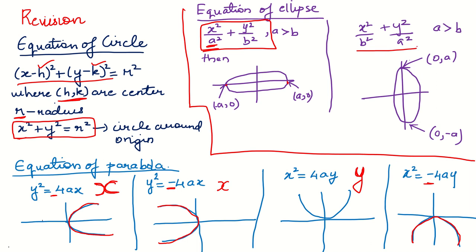If a square is greater and is under y, then you should know the ellipse is drawn with its major axis on the y-axis, and the coordinates of the vertices will be 0 comma a or 0 comma minus a.